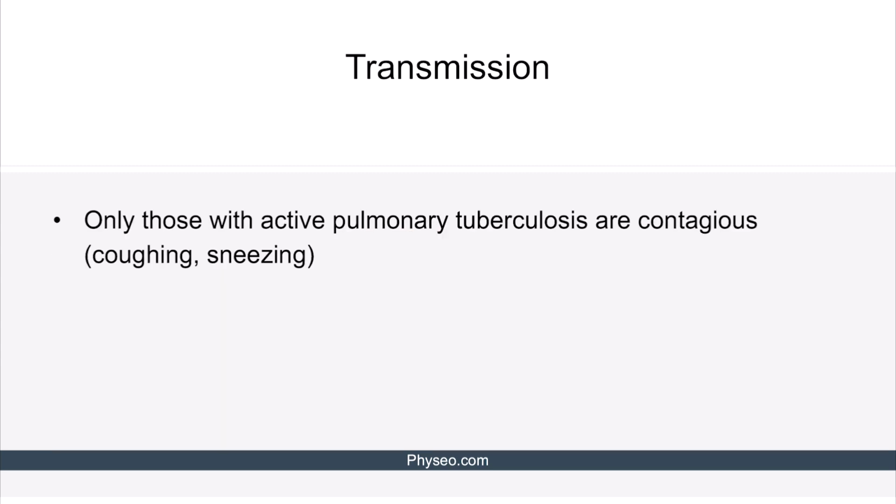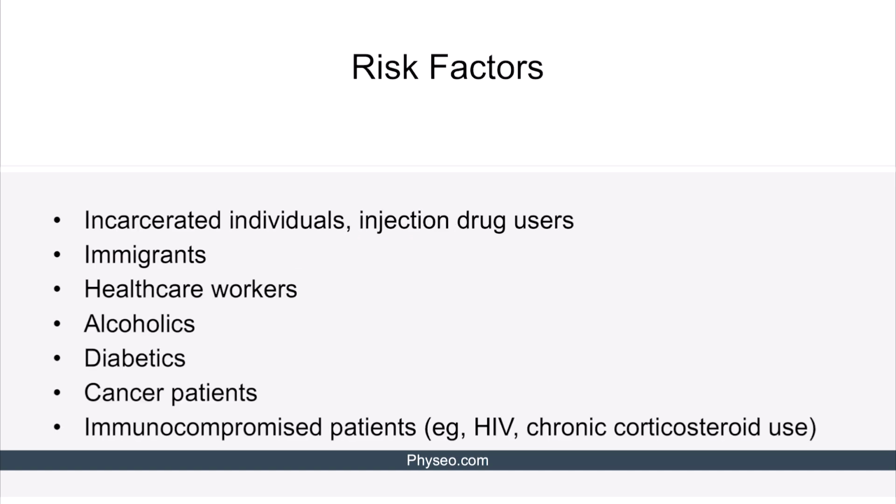A key point to remember about the transmission of tuberculosis from one person to another is that only those with active pulmonary tuberculosis are contagious, meaning those people who are coughing or sneezing. The risk factors for contracting tuberculosis can be broadly categorized into those that increase one's chance of being in close proximity with contagious patients and those that weaken one's immune system.